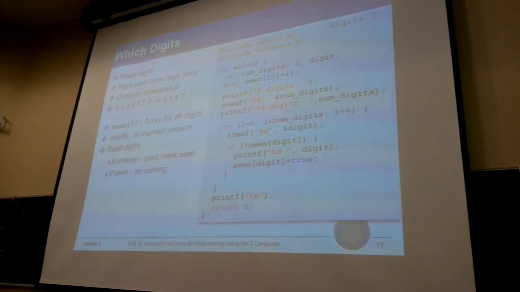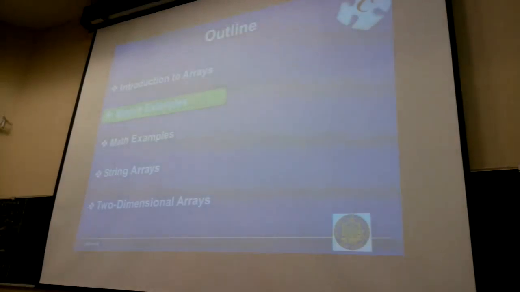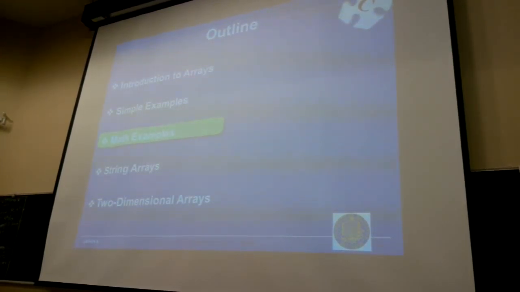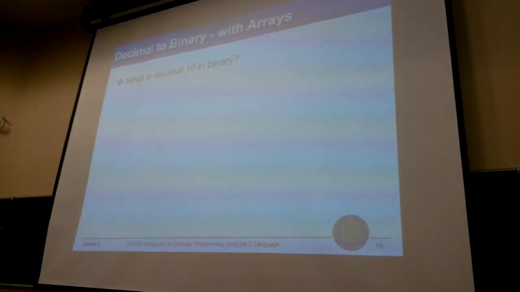Okay. Pretty straightforward, right? So arrays can be very useful for storing large data sets or for bookkeeping in various programs. So we've gone through a few simple examples. We're going to move on to some more complicated mathematical examples. We're not going to have time to finish up this discussion, but just wanted to remind you of a slide that you've seen previously. Previously, you saw how to convert decimal numbers to binary. I discussed 2 methods.